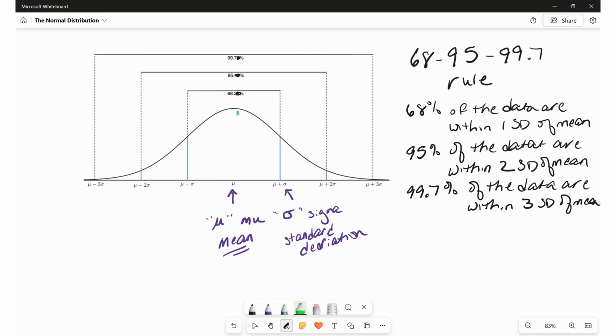So the 68, 95, 99.7 rule tells us that in this area here, this area here represents 68% of your data.